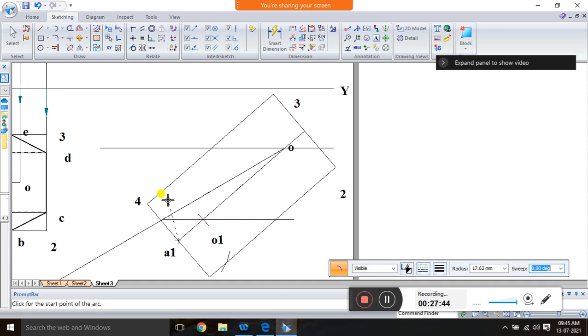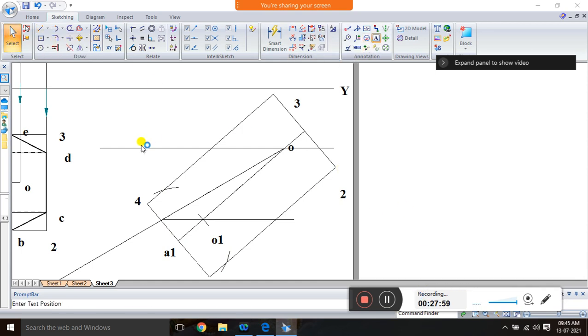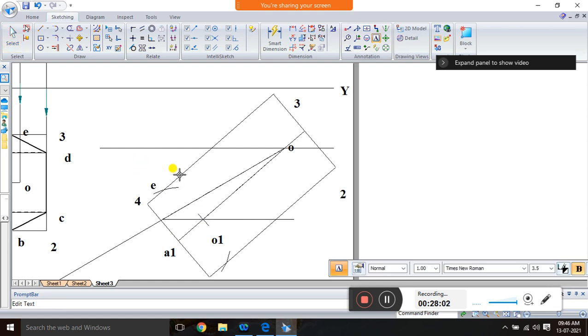From here, same 22.32, cut one more arc, and join the line. Then give the naming: this as E1 and this as B1.